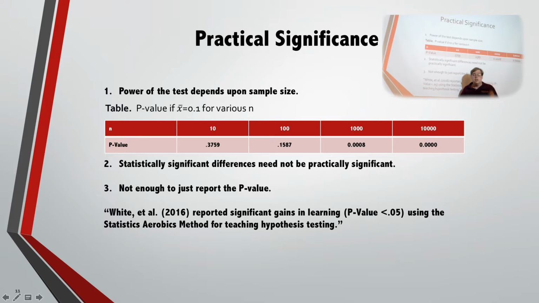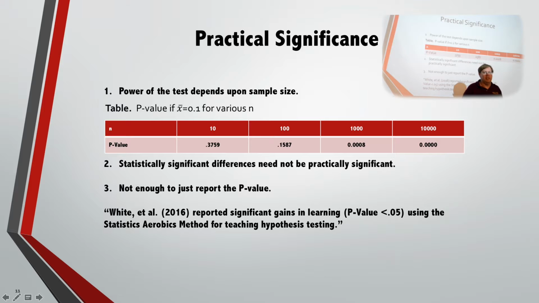So you can take a very small difference in the true mean value, and you can discover it with n large. But that also means that we'll say it's statistically significant, but maybe this 2% gain in learning is not very much.